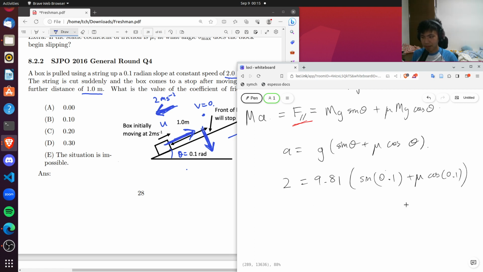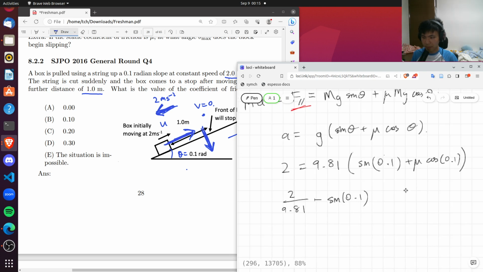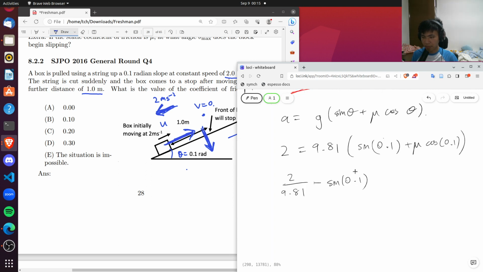We get 2 over 9.81 minus sine 0.1, all over cosine 0.1. This is the value of mu.